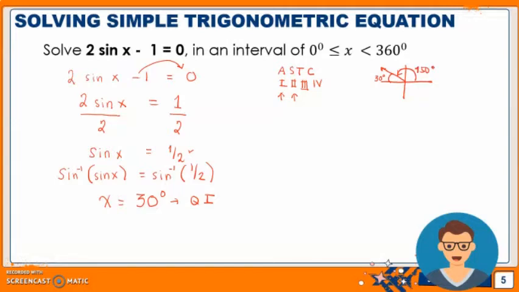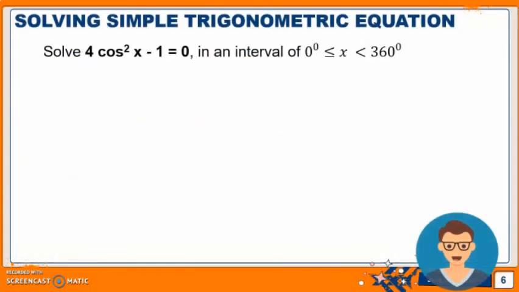Thus, our values of x are 150 degrees and 30 degrees. That's how to solve a simple trigonometric equation using the concept of sine of a trigonometric function plus the reference angle. Let's proceed to the second example.